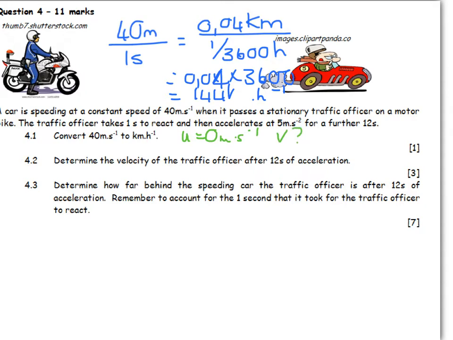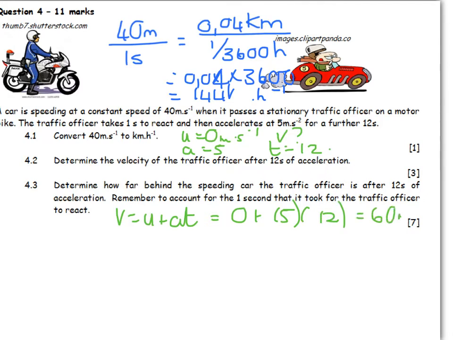I have got an acceleration, and I have got a time for 12 seconds. And therefore I can use V is equal to U plus AT, and it is 0 plus 5 times 12, and simple, I get 60 meters per second. Again, just a level 2 question.